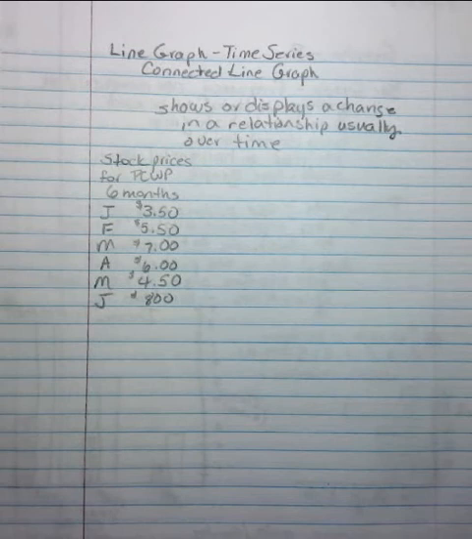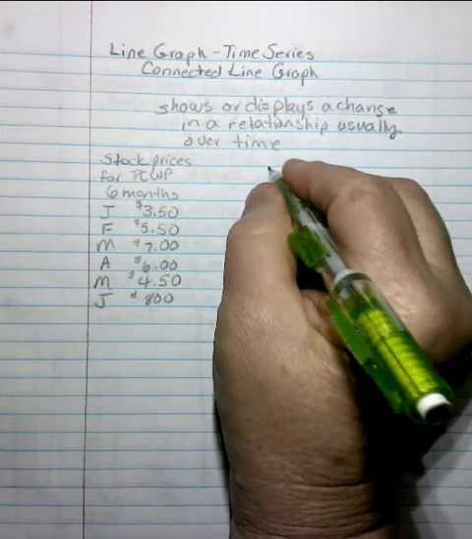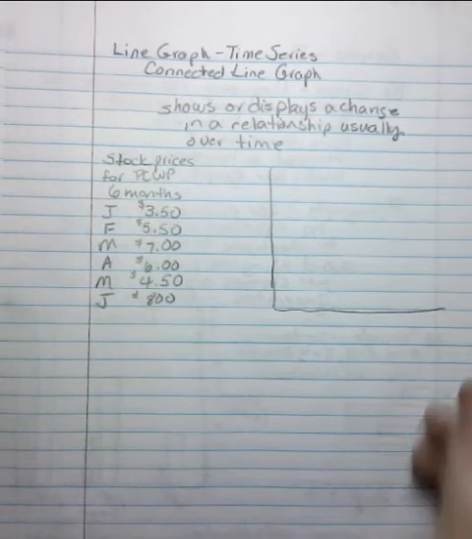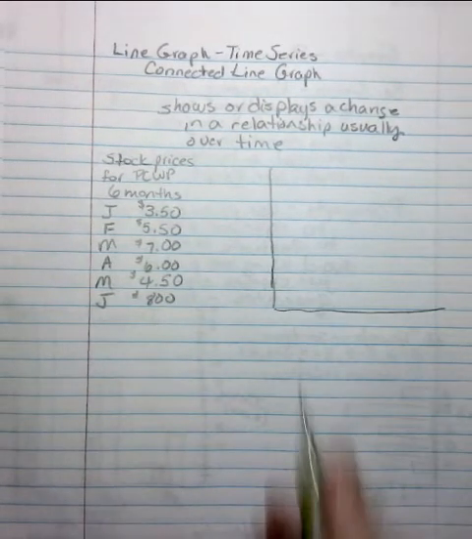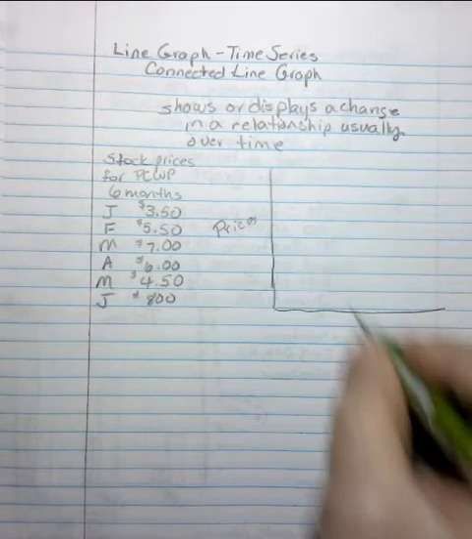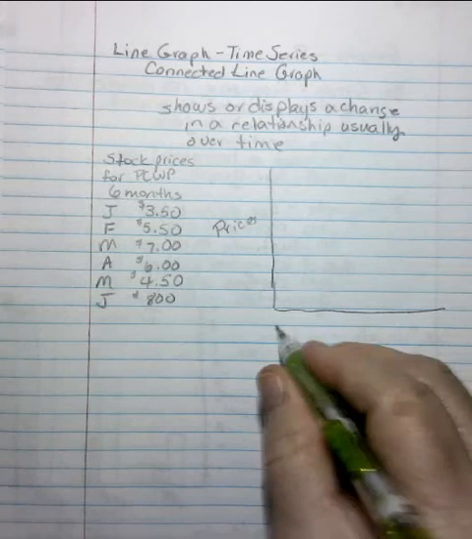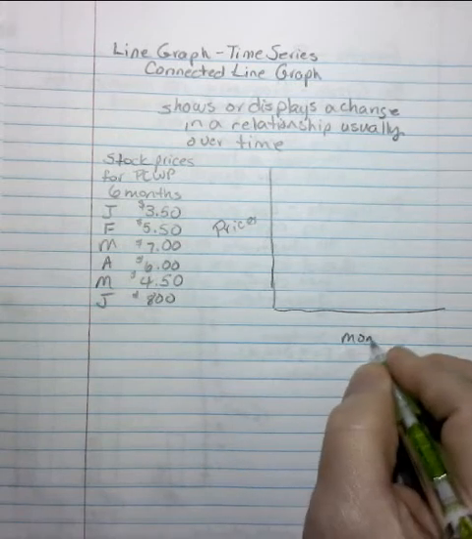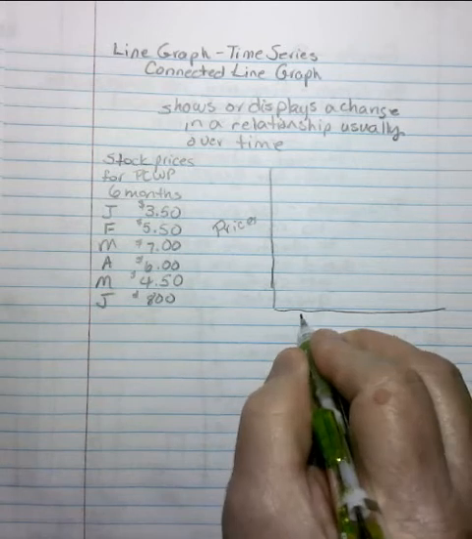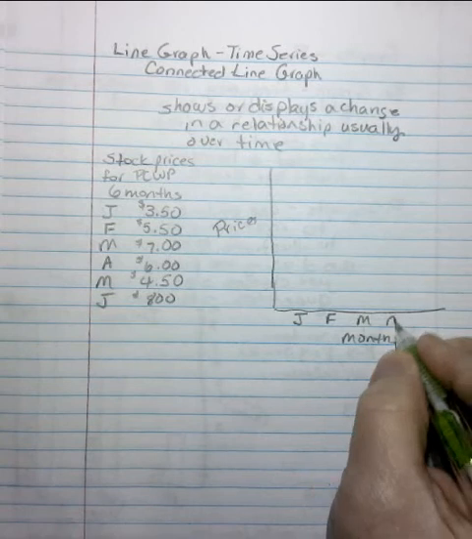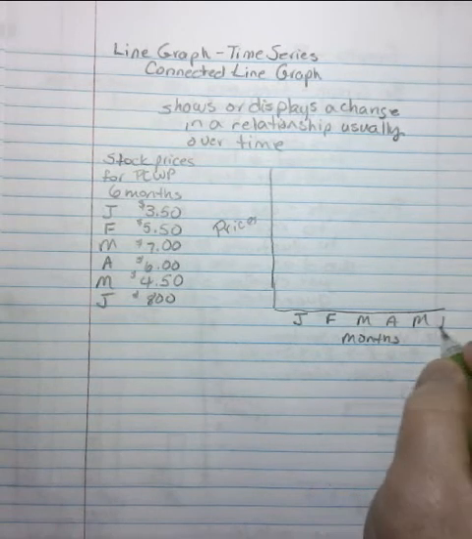So again, similar to the bar graphs, we have an X and Y axis. We label prices on the left side. The time usually goes along the x-axis. In this case, our time is in months. So we have January, February, March, April, May, and June.